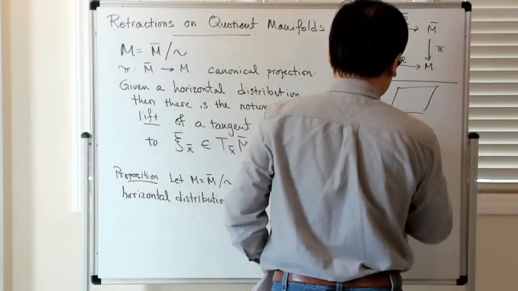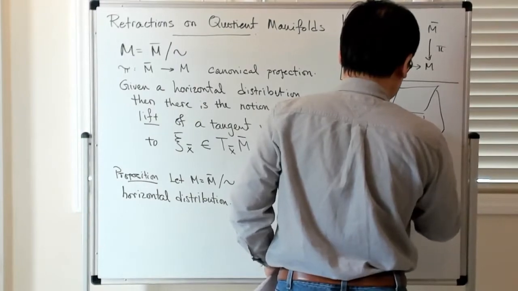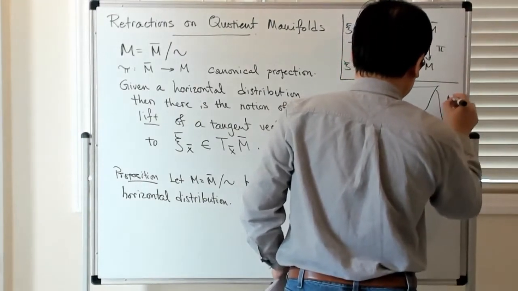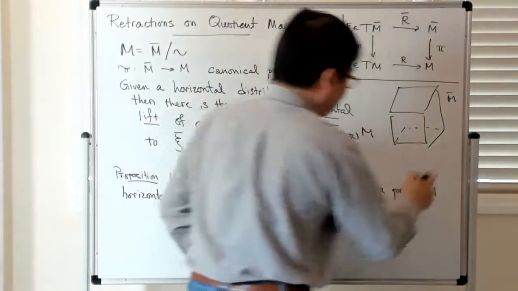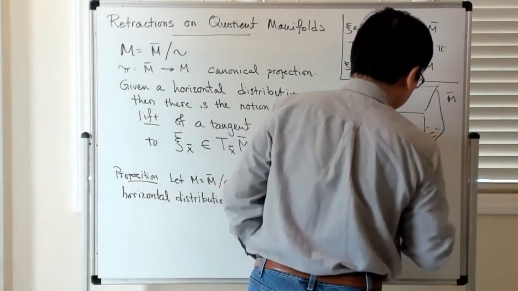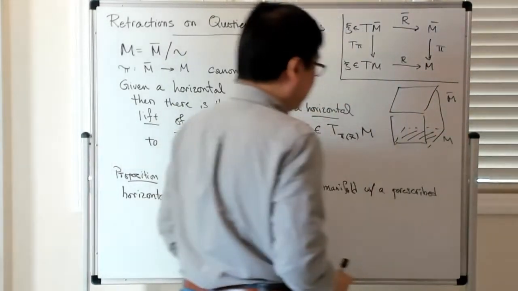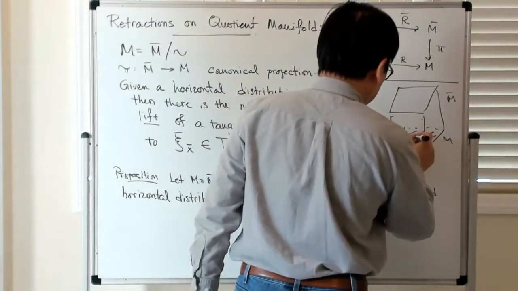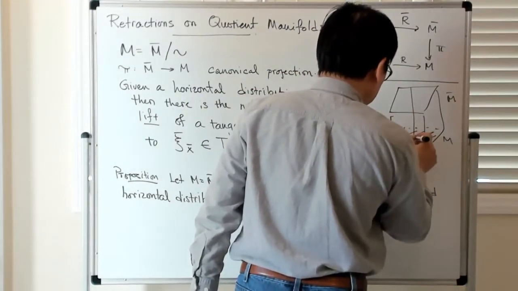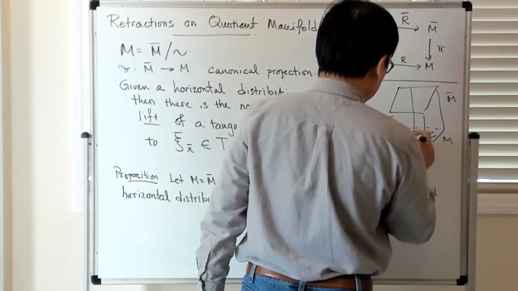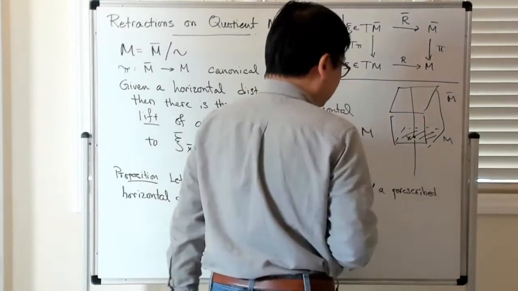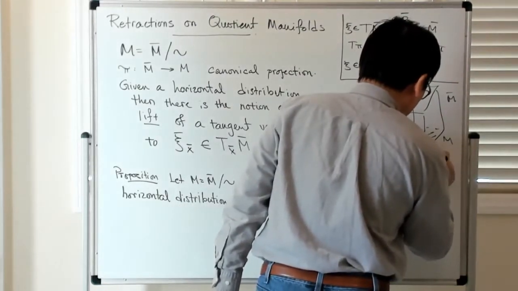Let me draw a picture for you. It's the following. So if this is M bar, which is the big space, and then this thing at the bottom is what I call M, then given a point x on M, there's this fiber of points which are given by pi inverse of x.